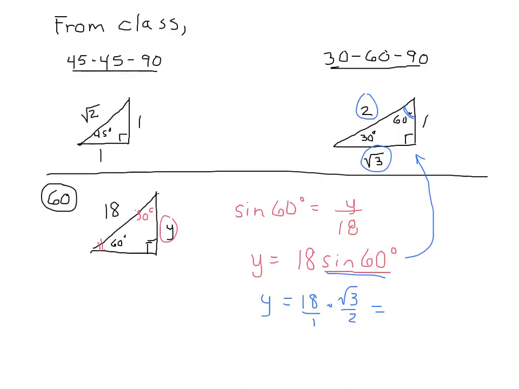And I can either reduce that 2 into the 18 9 times, or I can think of that as 18 radical 3 over 2, which is then going to reduce to be 9 radical 3. There are definitely other ways to look at this. This is not necessarily the best. It's one that's consistent with what we've been doing the last couple days. We will see you in class soon.